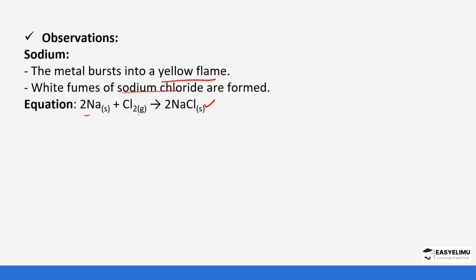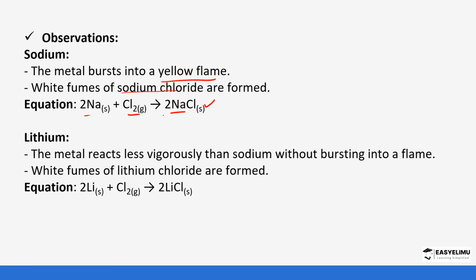Sodium reacts with chlorine to form sodium chloride. For lithium, it's not that reactive, or it doesn't react as vigorously as in the case of sodium, and doesn't burst into a flame, but it produces white fumes of lithium chloride. So you can see from the equation, lithium reacts with chlorine to form lithium chloride.